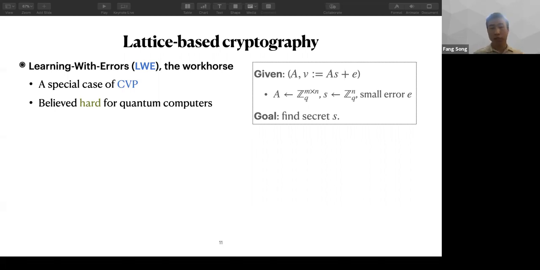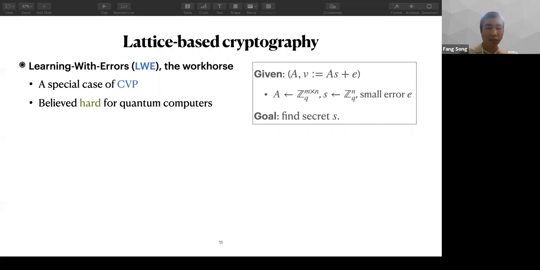So let's look at this for a second. I think you can observe that without this error vector E, finding S from A multiplied with S, that's easy, right? Because that's just a system of linear equations, and we can solve by Gaussian elimination. So this additional random error E is really bringing this problem to another level.